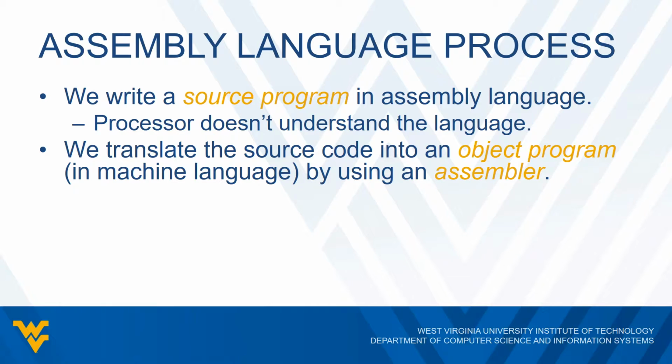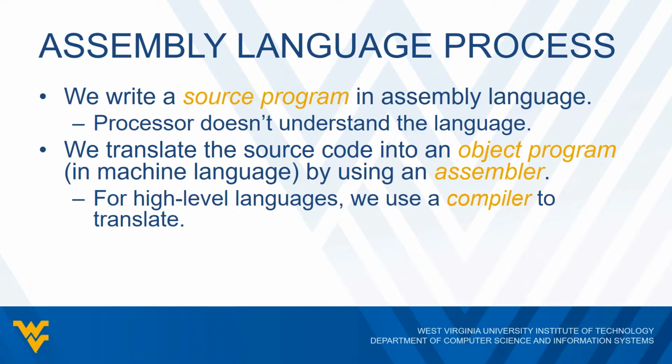And this program would be called the object program. This translation is carried out by a piece of system software that is called the assembler. Now, for high-level languages, we would use a compiler to translate a high-level language into machine level. But for assembly-level languages, we would use an assembler to translate the source program into the object program.